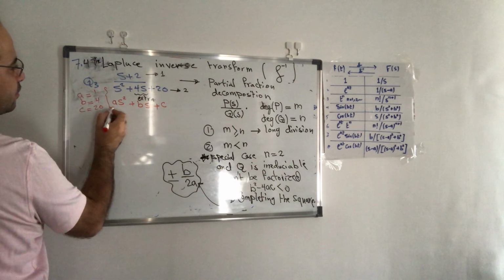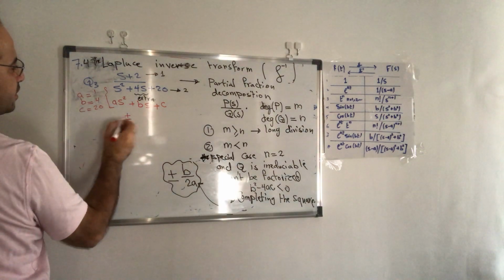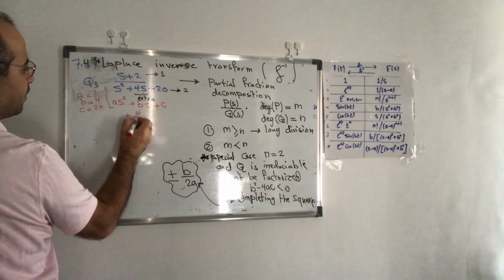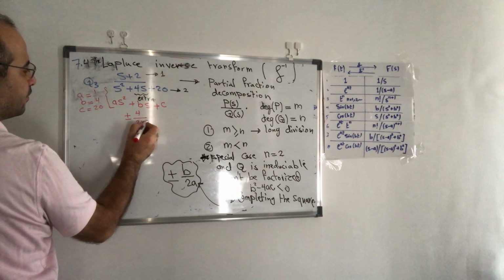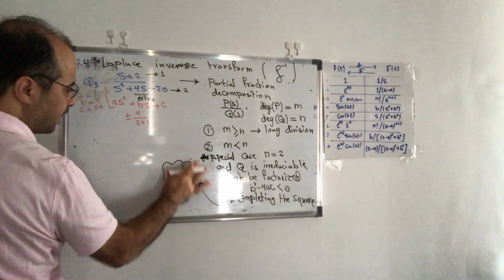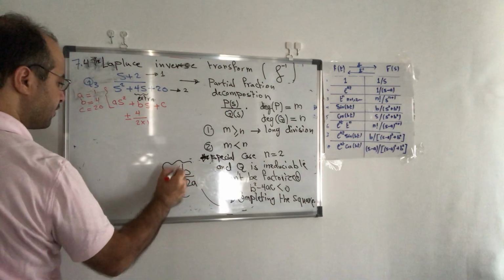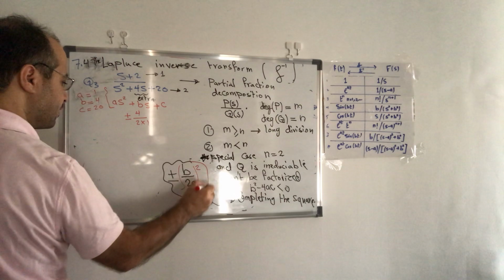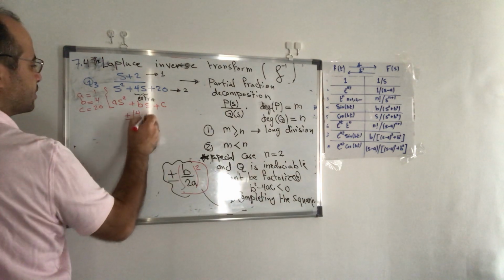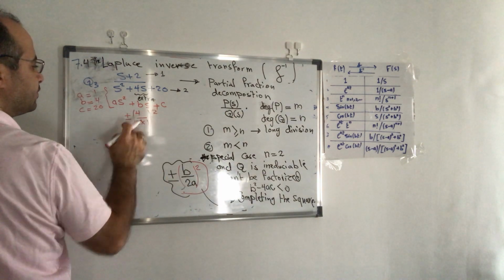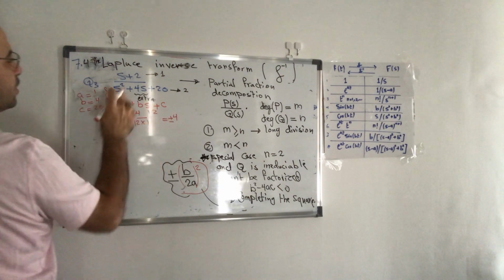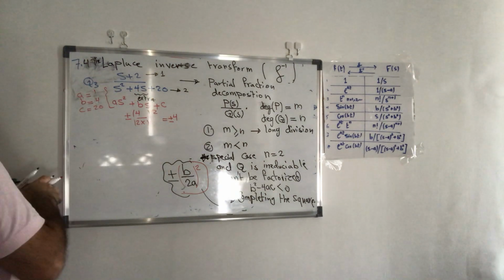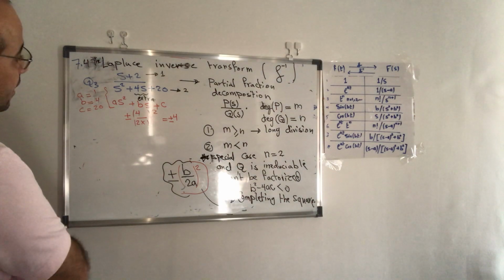Now you need to add and subtract b, which is 4, over 2 times 1, yeah? And then square. Sorry, I forgot, there is a square here, yeah? Then you will get plus minus 4, so you add and subtract plus minus 4.